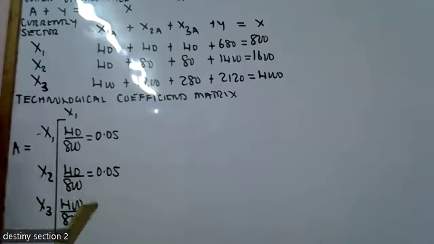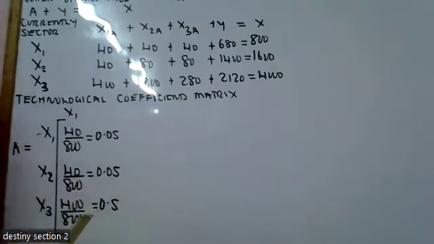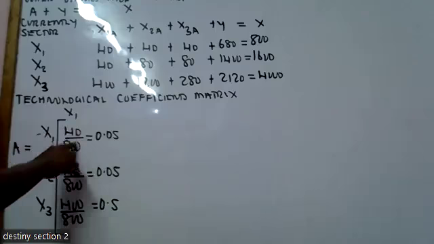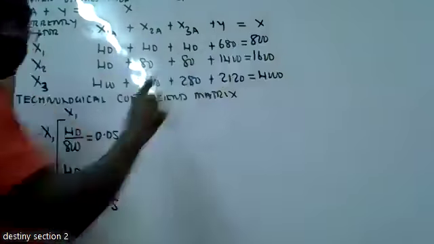That is 0.5. Remember, I told you when you are creating a technological coefficients matrix, the values in column 1 are divided by the total of row 1.